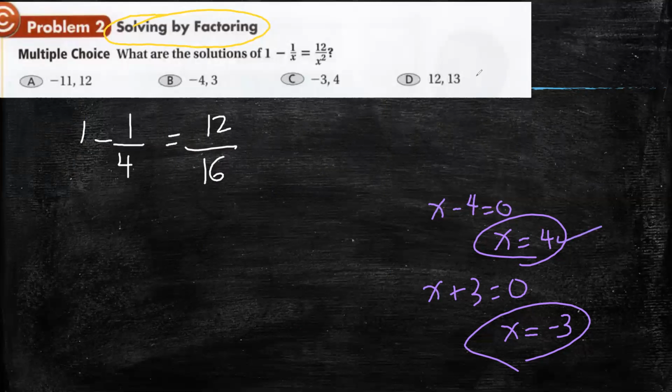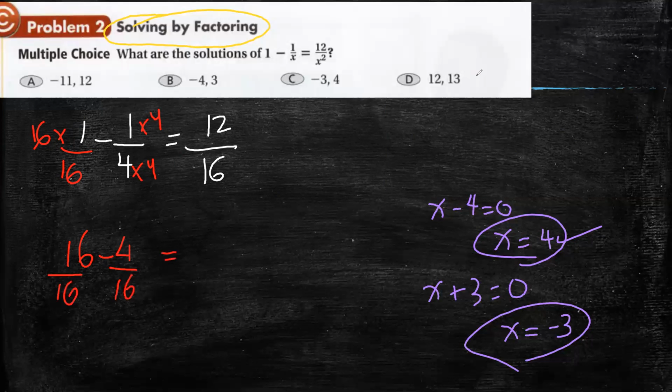Then here, times 16: 16 minus 4. Is it equal to 12 over 16? Yes. 16 minus 4 is 12, yes.